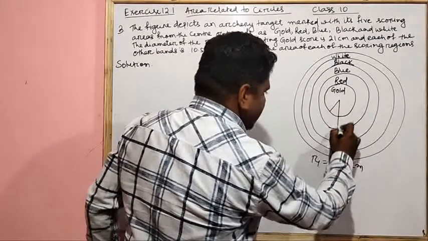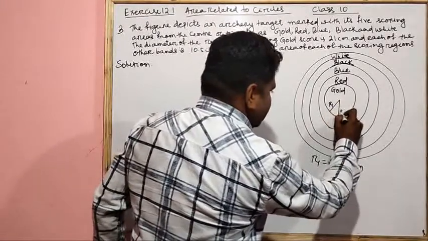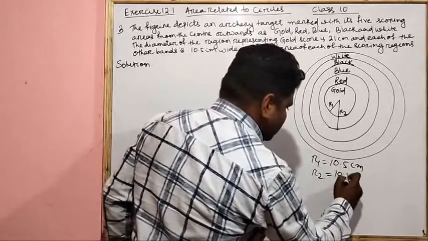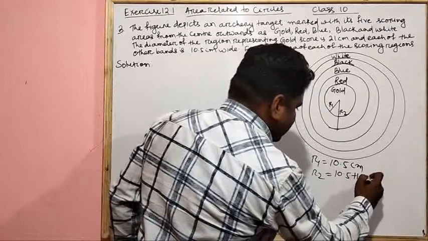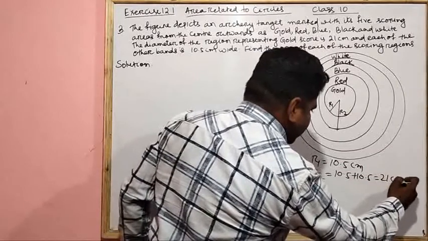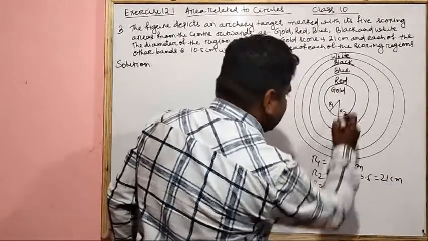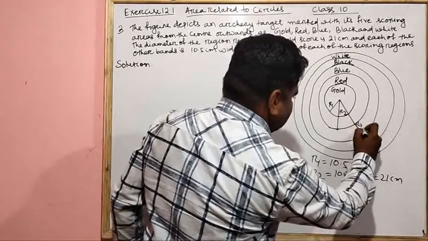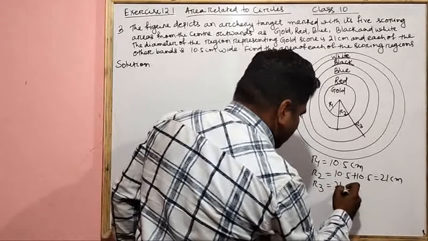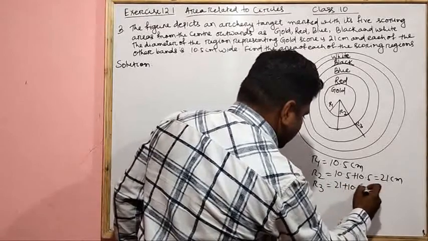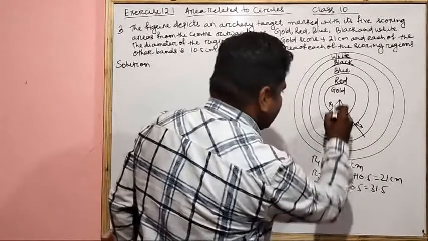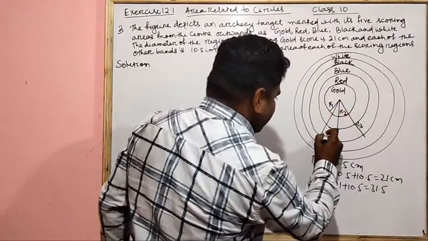So let it be R2, it is R2 equal to 10.5 plus 10.5, it will be 21 cm. Next R3, let it be R3. R3 also will equal to 21 plus 10.5, it will be 31.5 cm. Next R4, let it be R4.